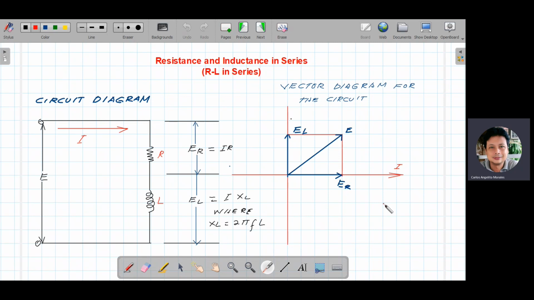Diba sa pure inductance natin, EL leads 90 degrees dun sa current. Kaya dito kinumbine mo yung ER na pure resistive, zero reactance, wala siyang phase angle, in phase siya. Ito, nauuna siya ng 90 degrees sa current. So pag kinuha mo ng resultant niyan, lalabas itong total voltage na E.